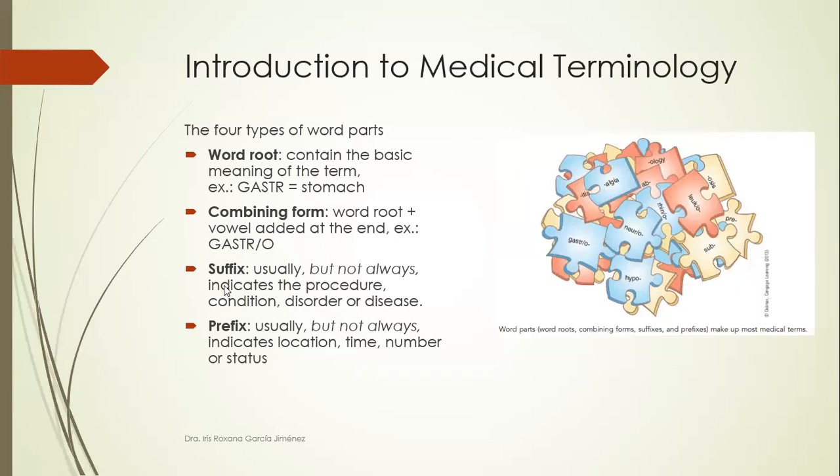The suffix, usually but not always, indicates the procedure, condition, disorder, or disease. The same as in Spanish. And the prefix, usually but not always, indicates location, time, number, or status as a general idea. Similar to Spanish, easy to start talking about it.